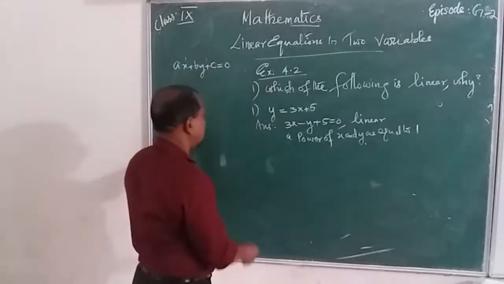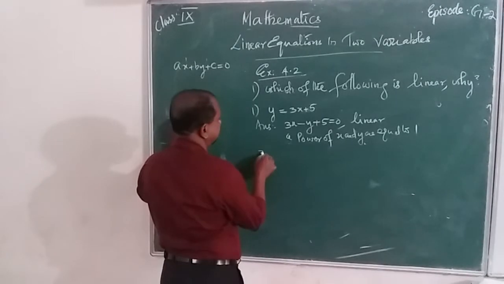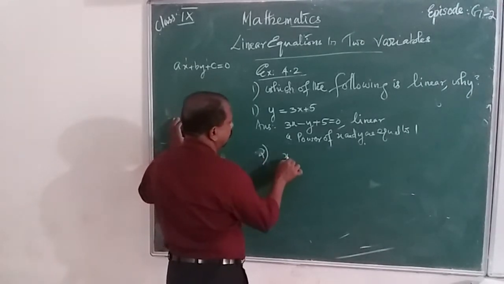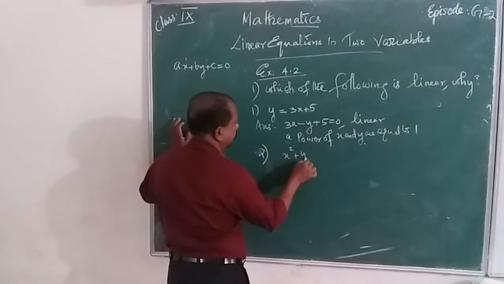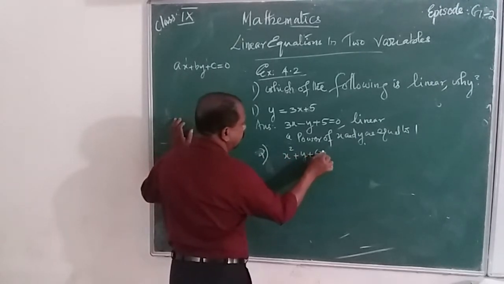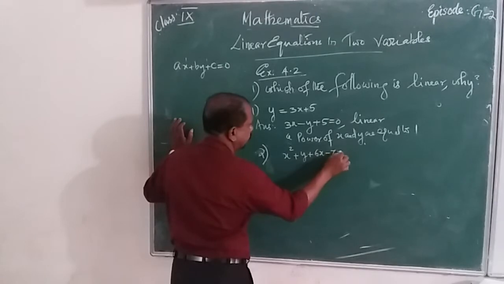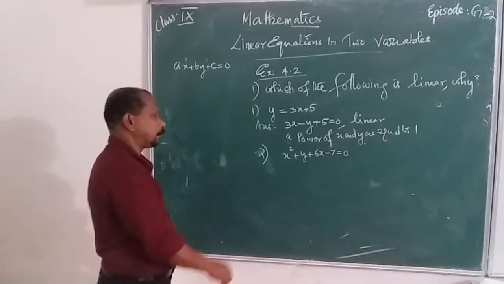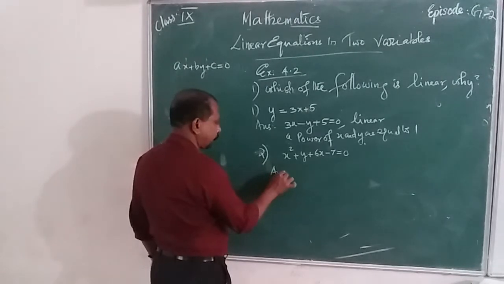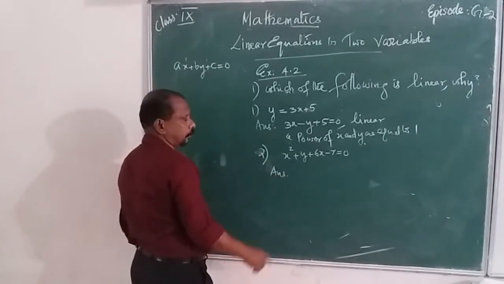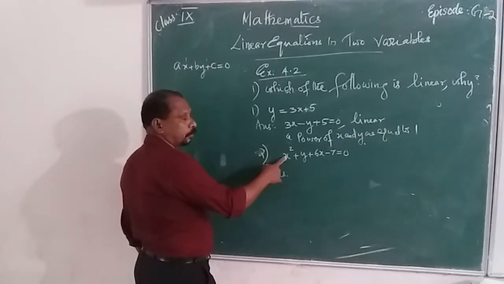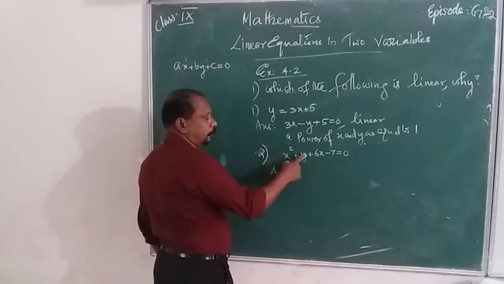Then the second question: x square plus y plus 6x minus 7 is equal to 0. Answer: the highest power of x is 2 and the power of y is 1.